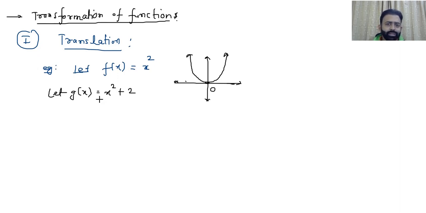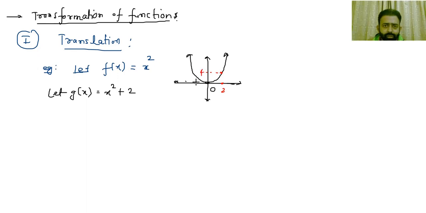So earlier when x was 2, the value of the function was 4. But this time, if x is 2, the value of the function will be 4 plus 2. In the original function, this point is, let us say, 2, and this point is 4.